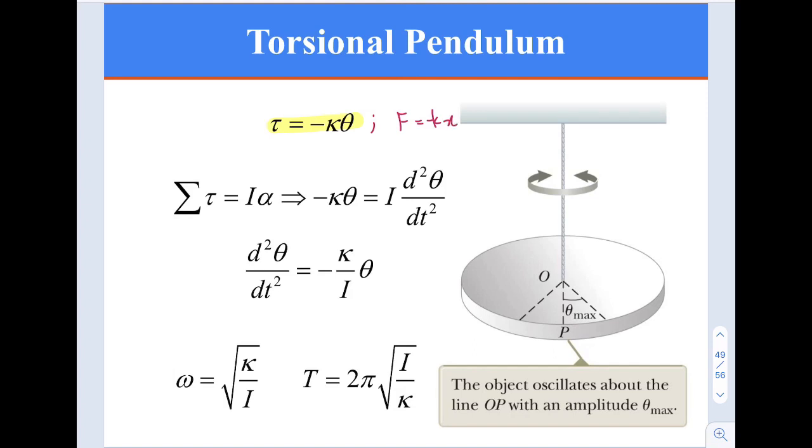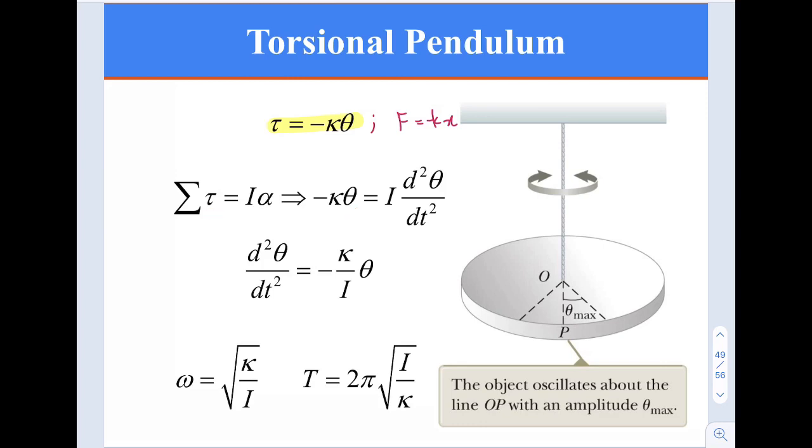The value of kappa can be obtained by applying a known torque to twist the wire through a measurable angle. Applying Newton's second law for rotational motion, you can find that the sum of the torque is equal to I alpha. This is Newton's second law of rotational motion.